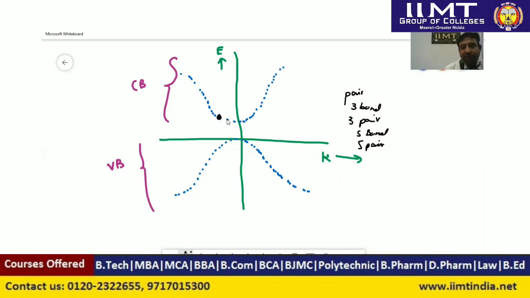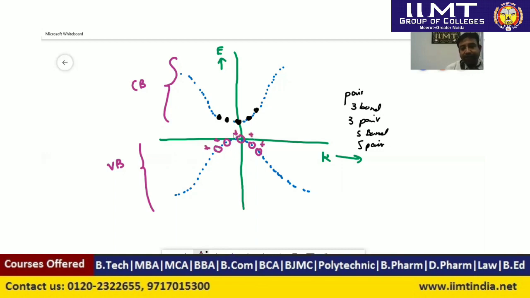For example, 6 bonds get broken or 5 bonds get broken. This is the arrangement of electrons in conduction band, and this is the arrangement of holes in valence band. I am marking the charges also.